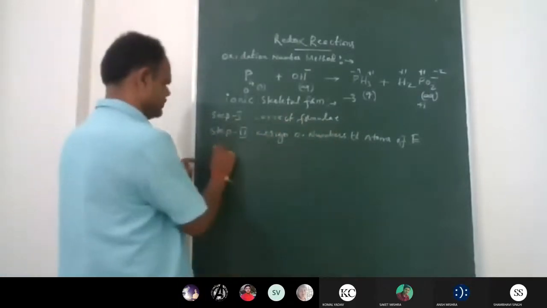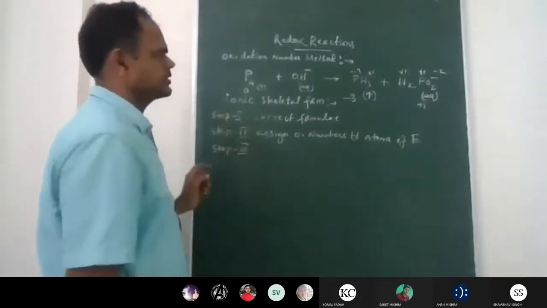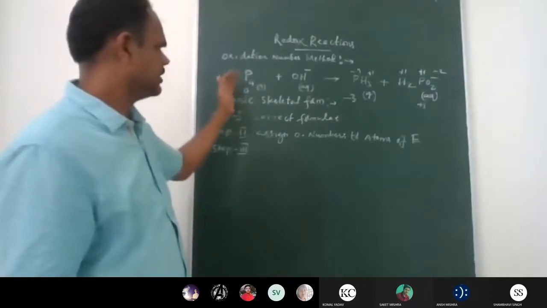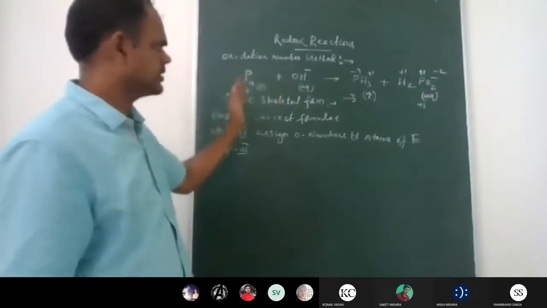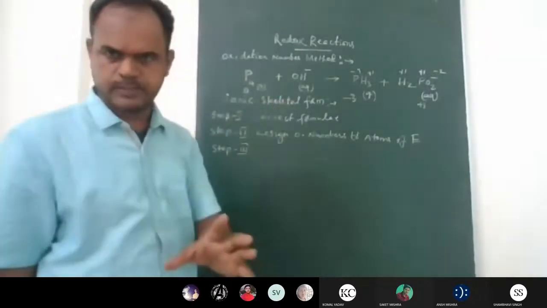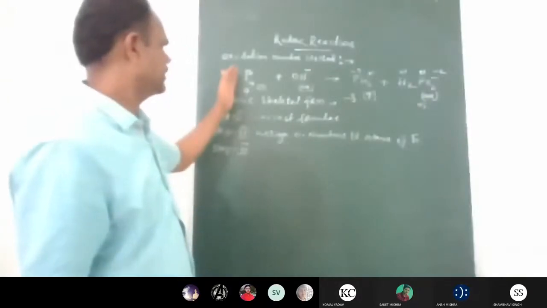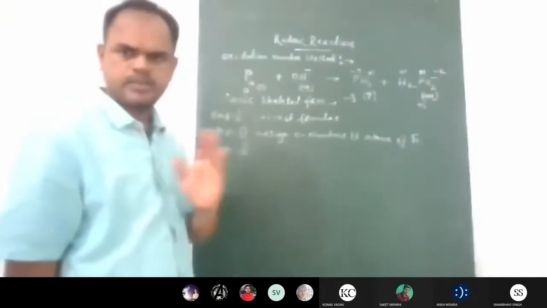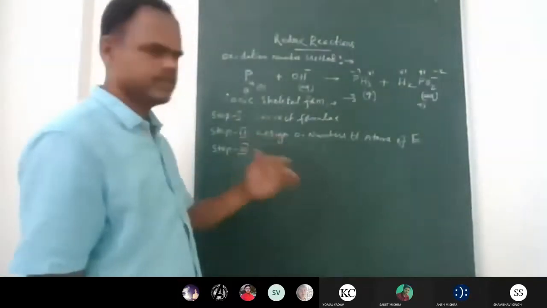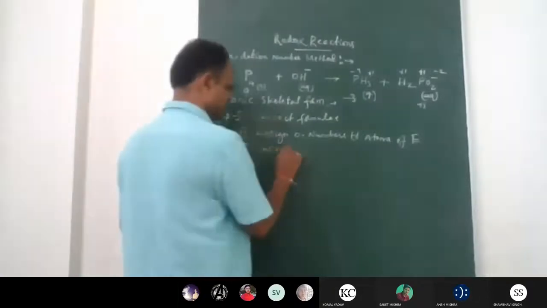Now step 3: we should find out how much the oxidation number increases and decreases in the oxidizing agent and the reducing agent.